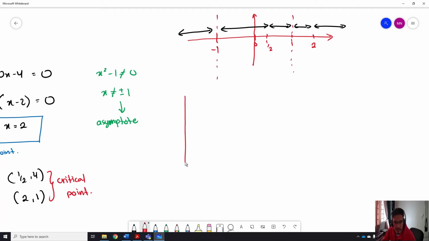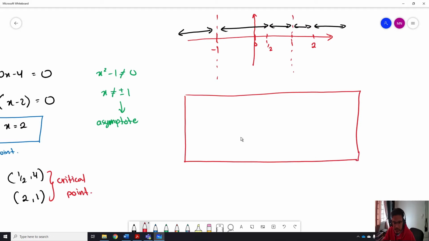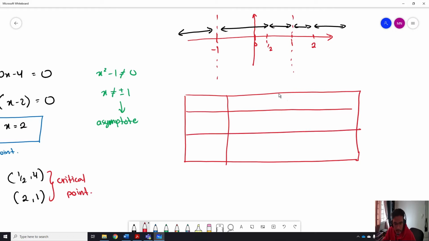Then we create a table to find the type of graph for each interval. Since we have 5 intervals, we need to provide 5 columns for intervals 1, 2, 3, 4, and 5.